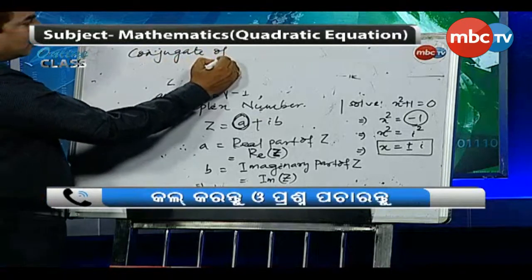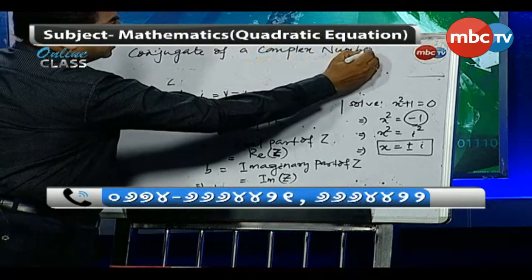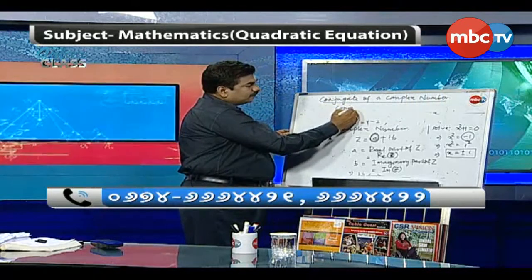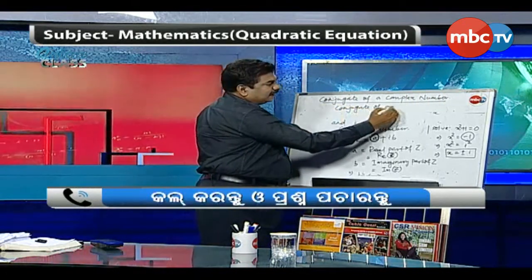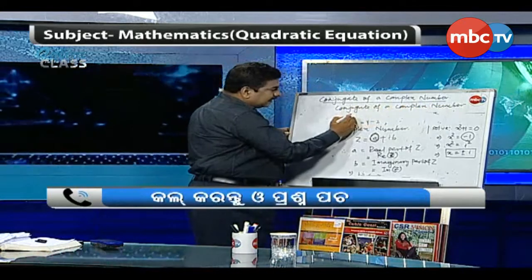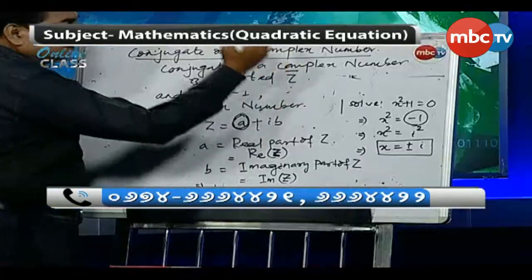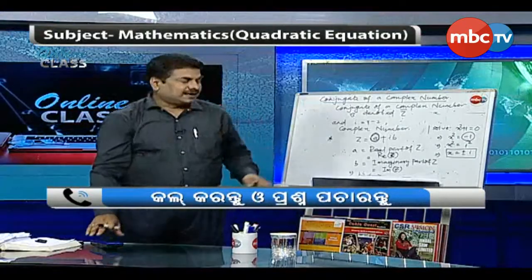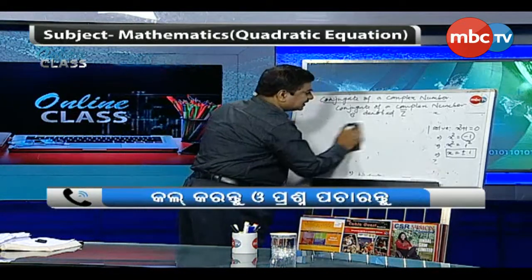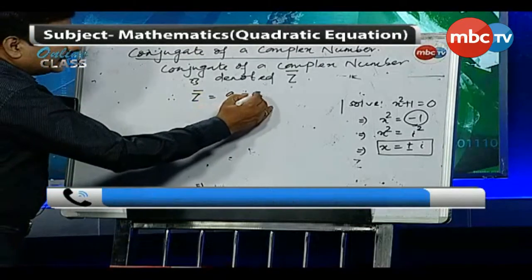Conjugate of a complex number. Here you see, the conjugate of a complex number is denoted by z bar. If z is equal to a plus ib, then automatically z bar is equal to a minus ib.